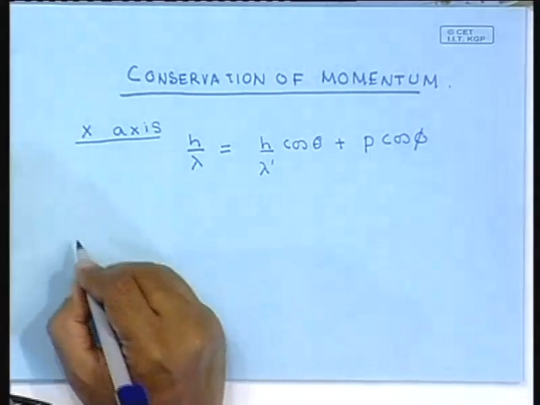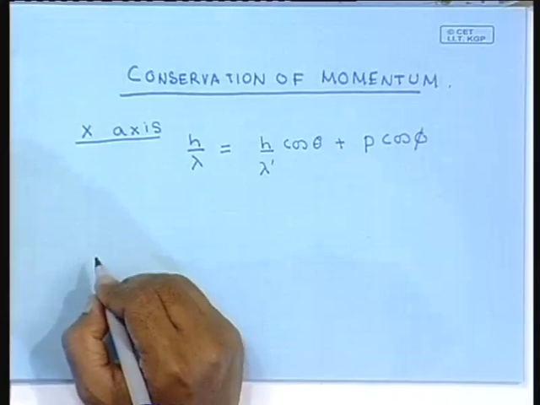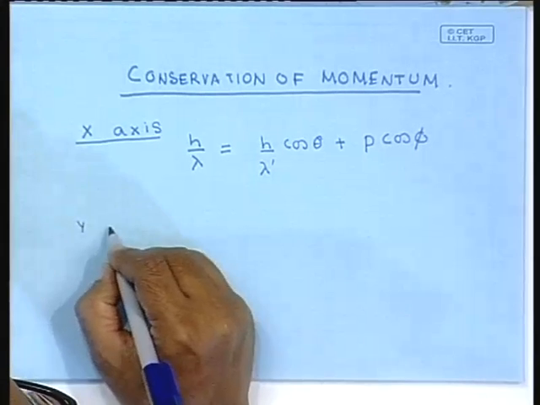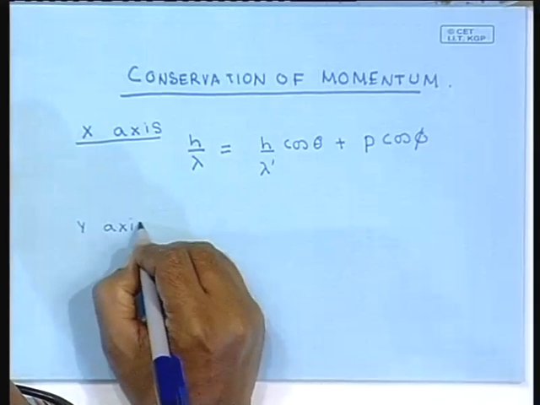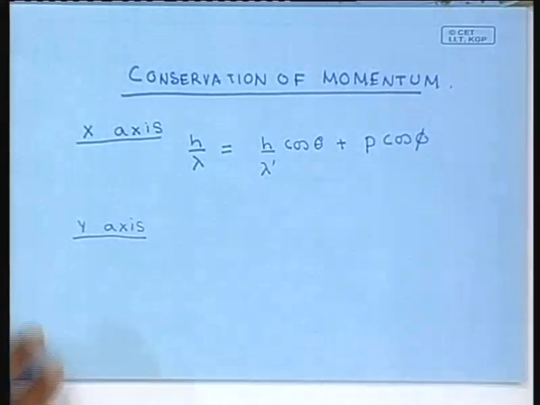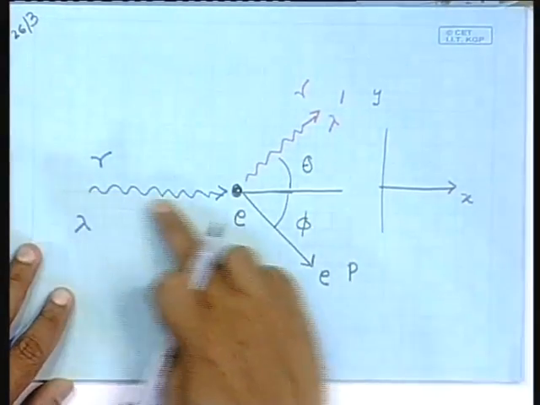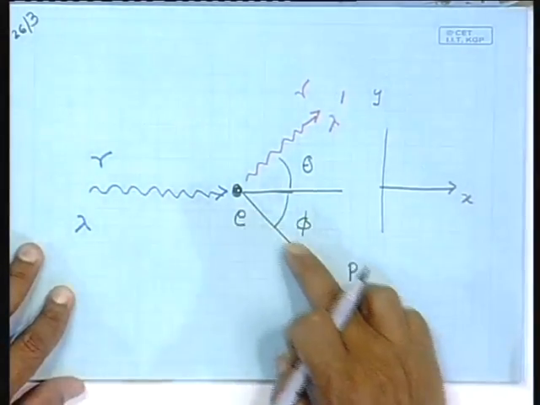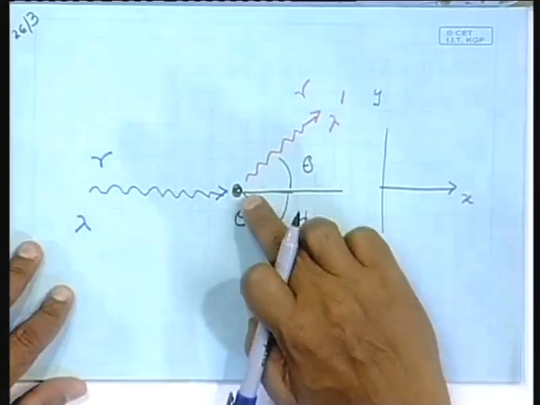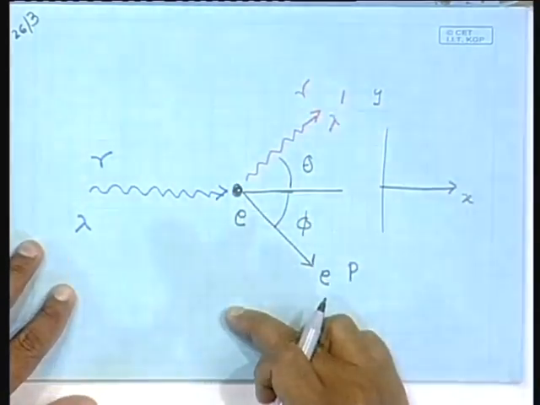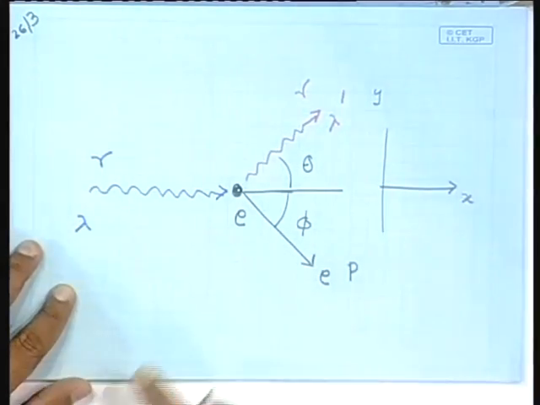and along the y axis the incident photon has no momentum along the y axis. So, the electron that comes out and the photon that comes out, their y momentum should exactly balance one another.